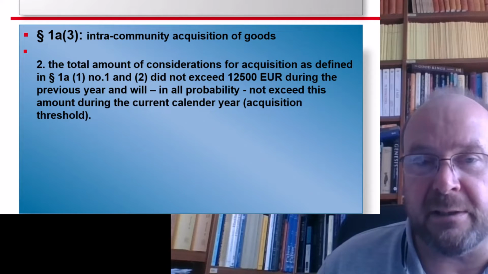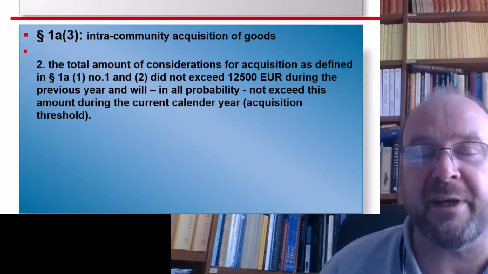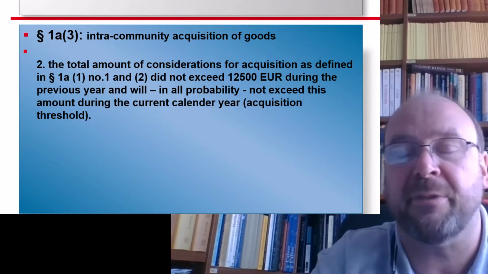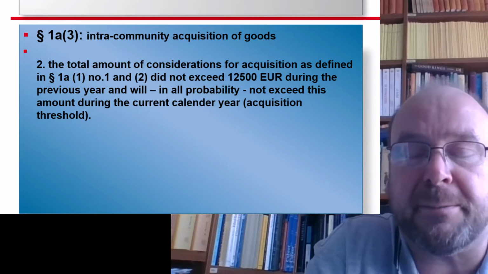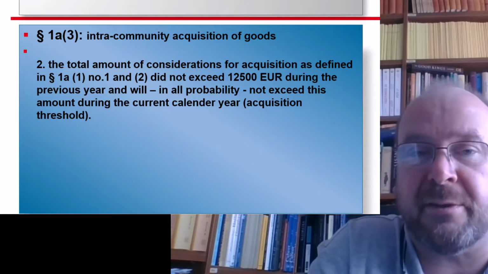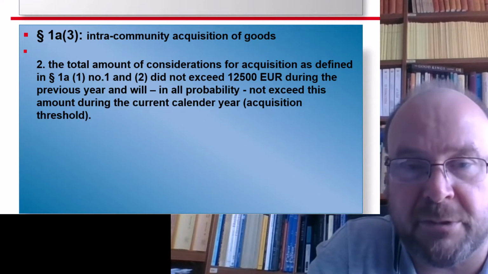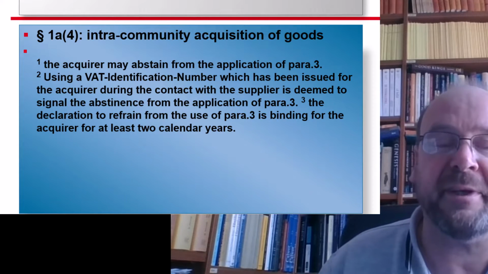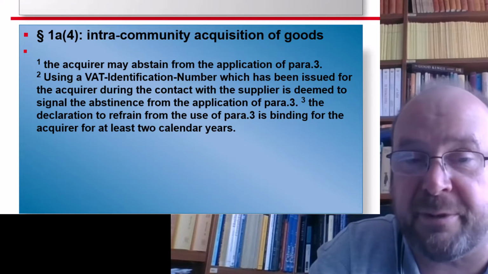Now, last time we already mentioned this threshold for the half entrepreneurs is just a favor which we offer to them. And if somebody wants the bureaucracy from the first minute, they can choose to do so. This can be found in 1a paragraph 4. The acquirer may refrain from the application of paragraph 3.